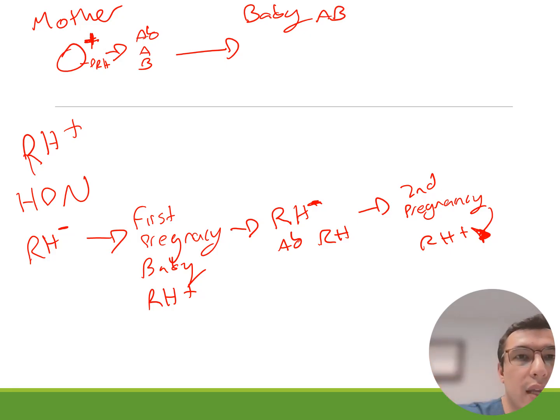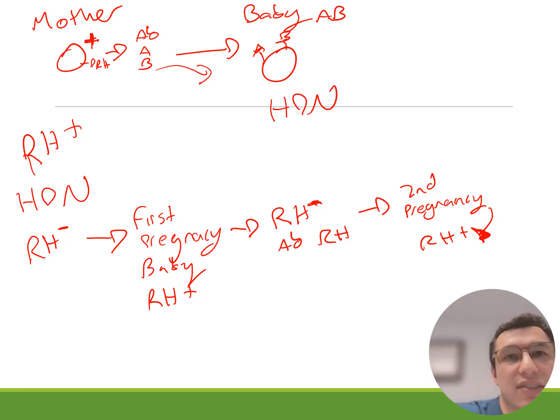Now this baby's red blood cells will have A and B. Now there may be a cross of these antibodies and also lead to a problem with hemolytic disease of the newborn. This type of cross reaction here is not as severe as it is with the Rh factor. The Rh reaction is highly reactive.